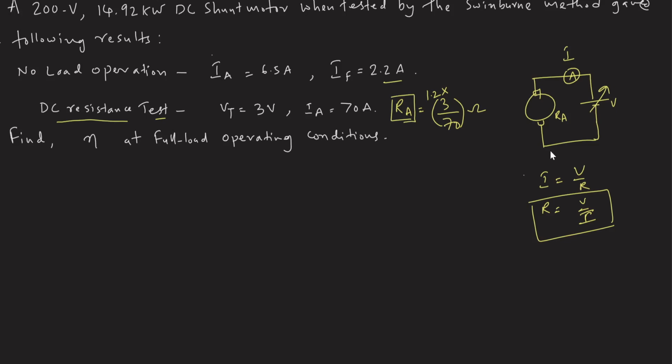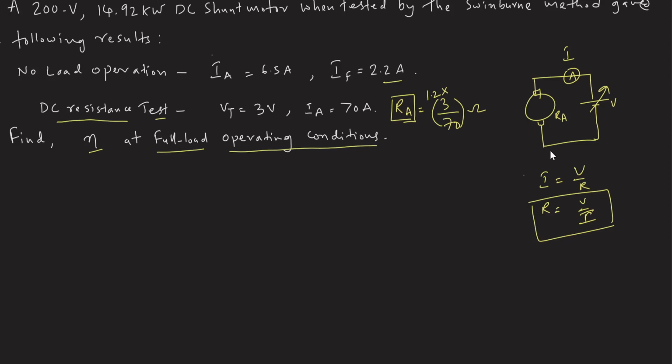In some books they may say room temperature resistance or operating condition resistance, so you take care of that multiplying factor 1.2. Okay, now what is being asked? To find out the efficiency at full load operating condition, right?